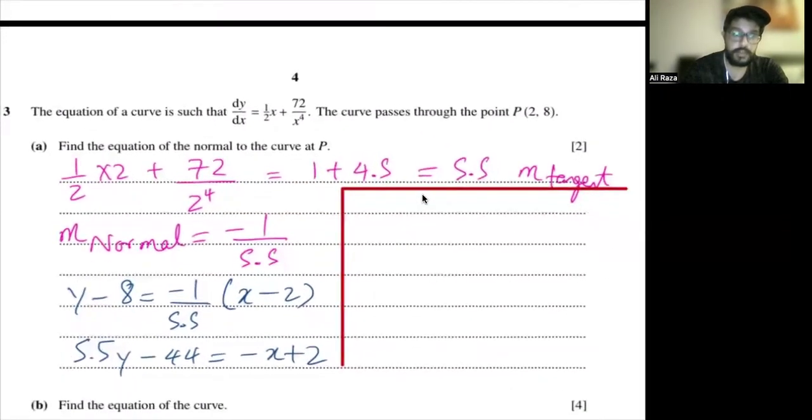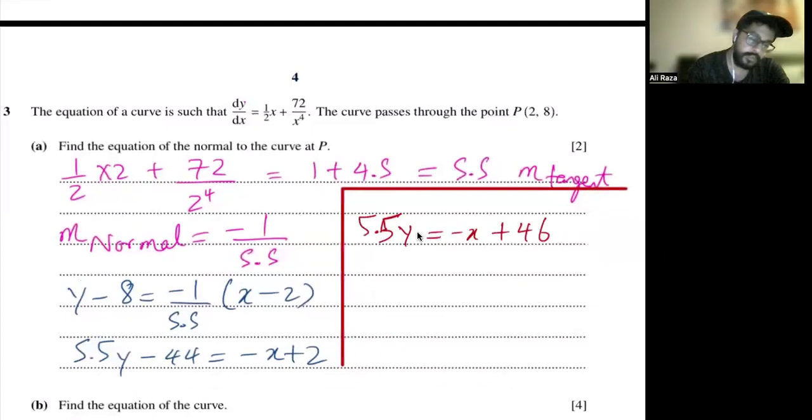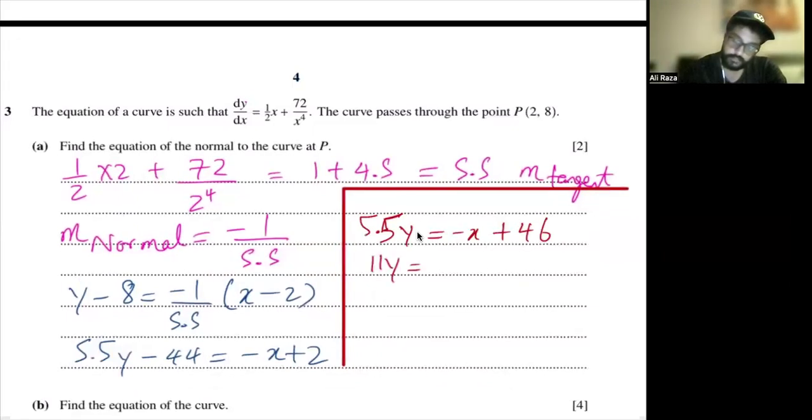Now let's just make y the subject over here. I have 5.5y is equal to minus x plus 46. I can simplify this to 11y is equal to minus half x plus 23.